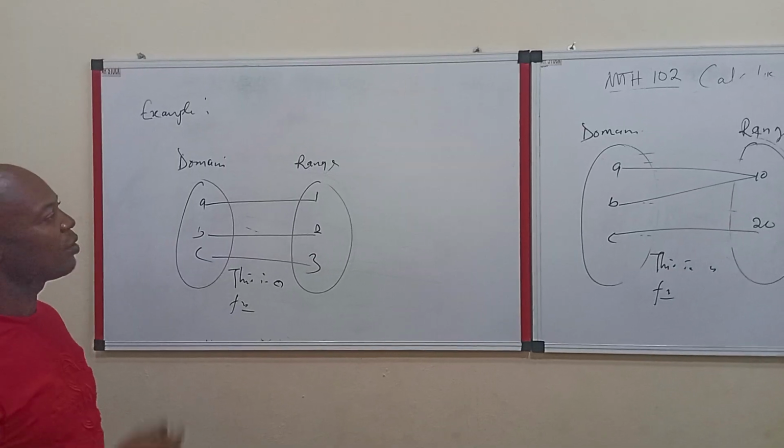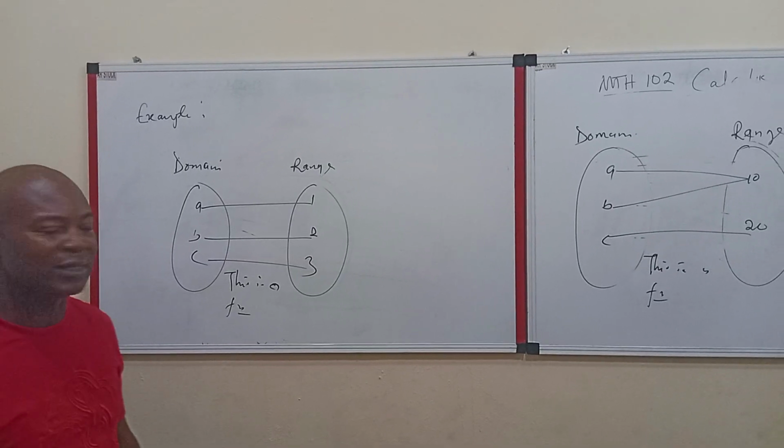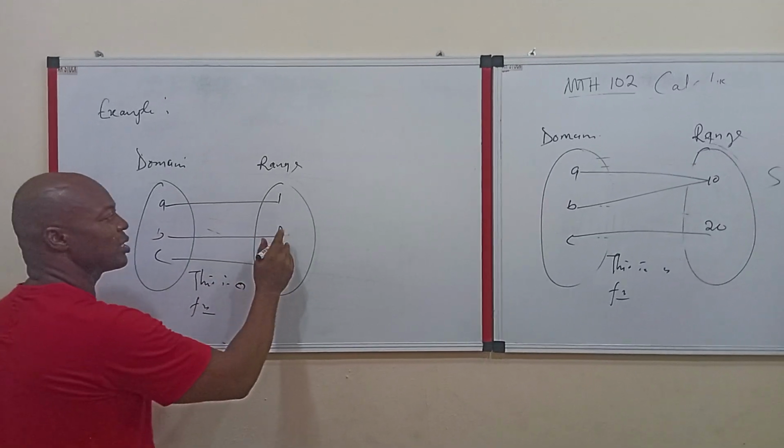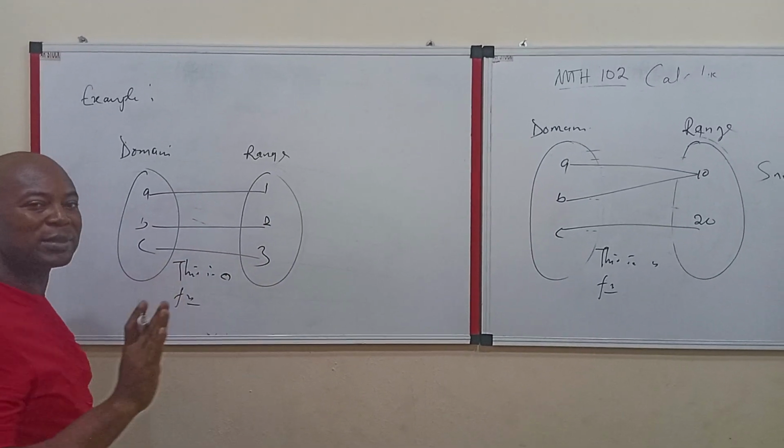Now, I want to conclude by saying that, being that it's injective, if you look at it well, you can also see that all the range values are also marked.